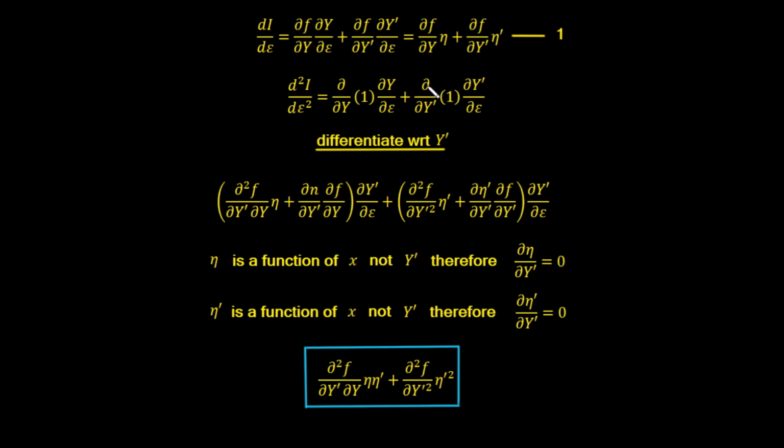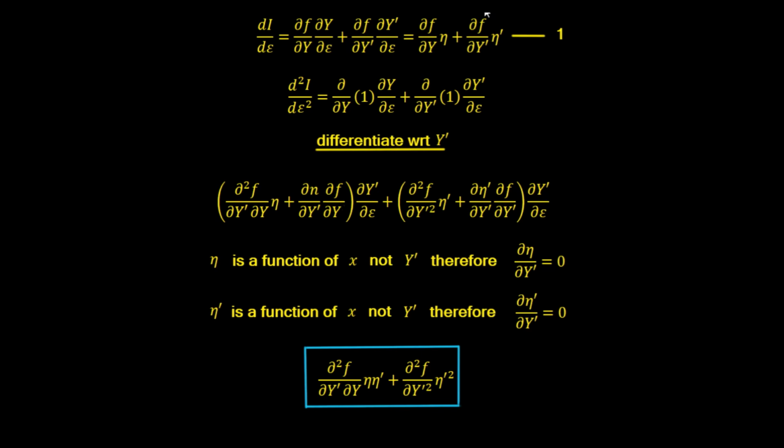So we're going to have partial by partial y derivative of partial f by partial y derivative. So that's going to give us partial squared f by partial y derivative squared. And again, we're multiplying it by our eta derivative. Now we're going to differentiate the eta derivative and we'll multiply it by this.